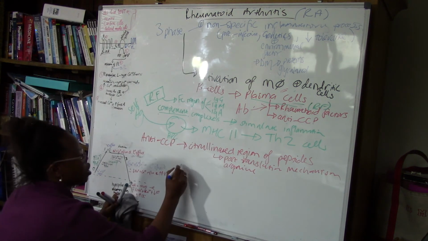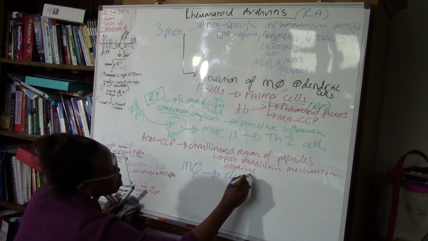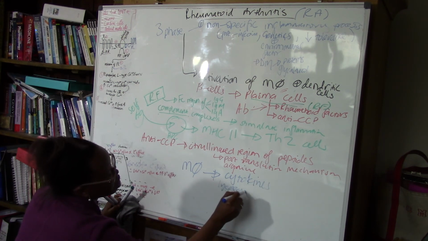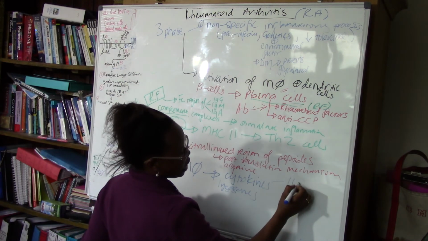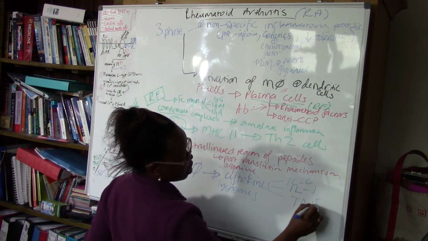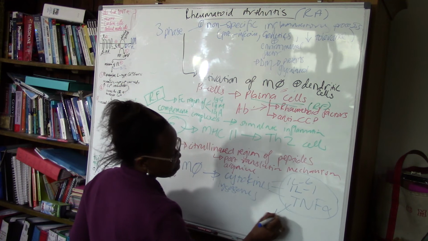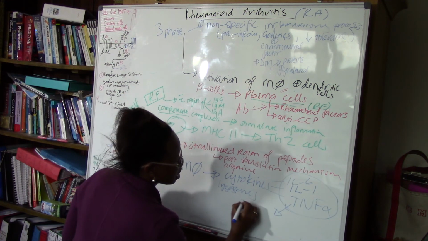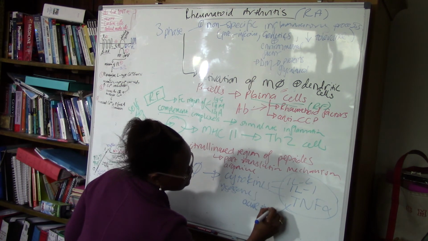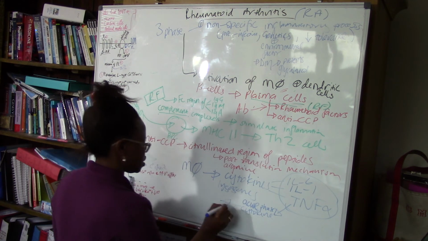All they know to do is to secrete cytokines and lysosomes, of course. Cytokines including IL-6, IL-1, and TNF-alpha, which propagate inflammation. Because if we remember as well, these are acute phase cytokines, which recruit further cells.